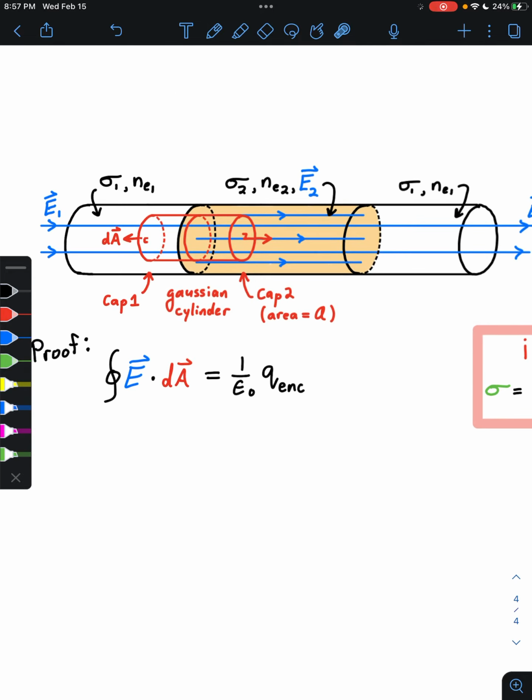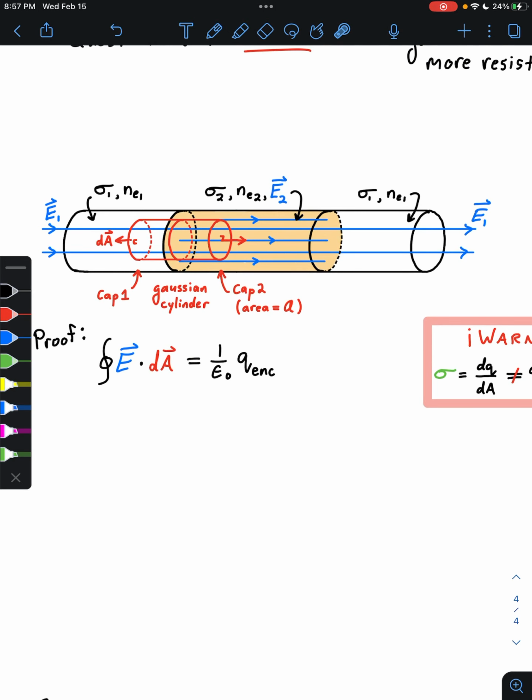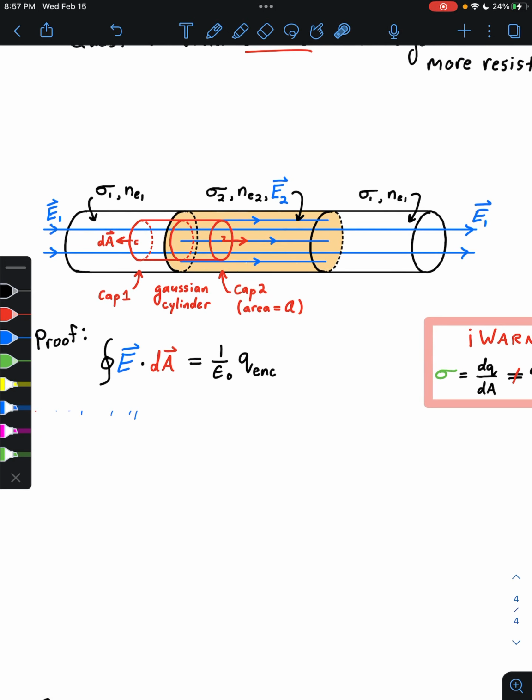So what we'll do is consider, instead of a bag, something more orderly, a Gaussian cylinder aligned with the wire that crosses from one material to the other. So we'll have one cap that we'll call cap 2 with this surface area inside the less conductive material.